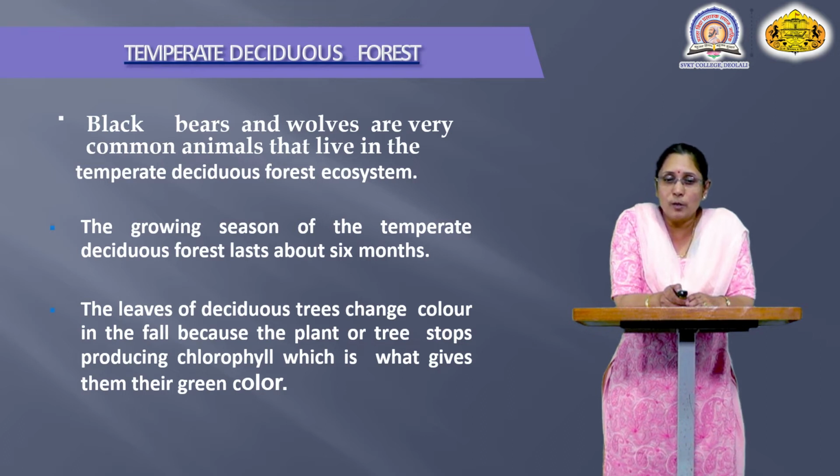At the time of fall, the color of that particular leaf is completely changed. It is not green. You can recall the color of the chinar tree, which is totally golden rather than green. It is only because of this mechanism, that the synthesis of chlorophyll pigment is completely stopped during the fall season.